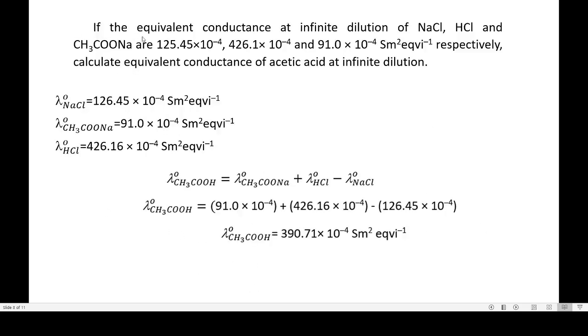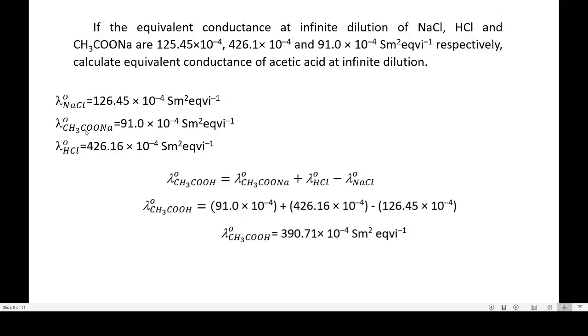So if we take the example of acetic acid, the equivalent conductance at infinite dilution for sodium chloride is given as 126.45 into 10 to the power of minus 4 Siemens meter square per equivalent.